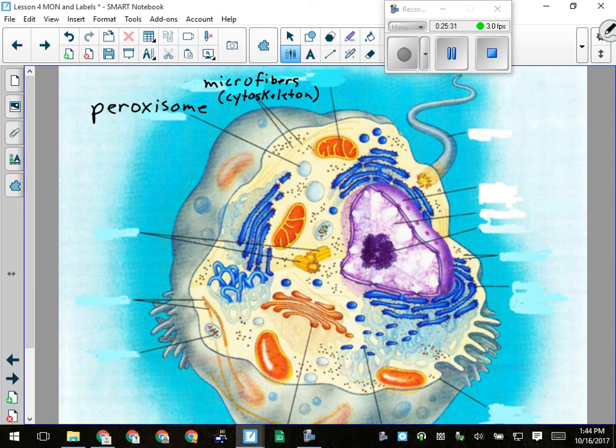There's lots of different things that are actually part of the cytoskeleton, so that's why I'm also labeling it cytoskeleton. On a quiz or a test, cytoskeleton will be sufficient, because sometimes on a diagram, it's hard to tell whether it's a fiber, a filament, or a tubule. All of those are part of the cytoskeleton. So cytoskeleton is a good general answer if you see something that looks like that.